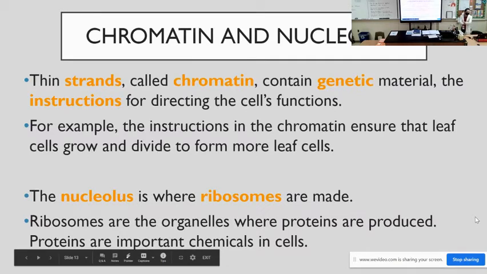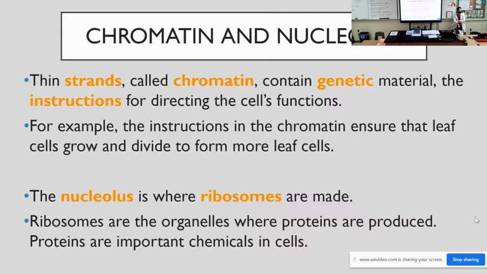Okay, the chromatin and the nucleolus then are components of the nucleus. So thin strands called chromatin are what contain the genetic material, which is the instructions for directing the cell's functions. So this is where your DNA is found. And then different parts of the cell read that DNA and figure out what it's supposed to do and how it's supposed to work.